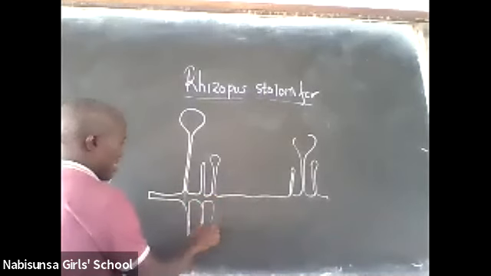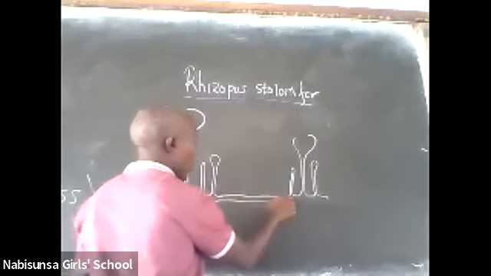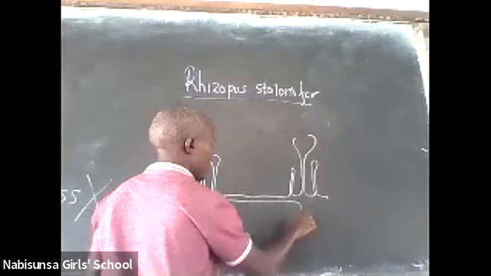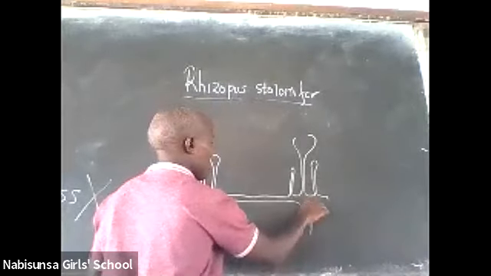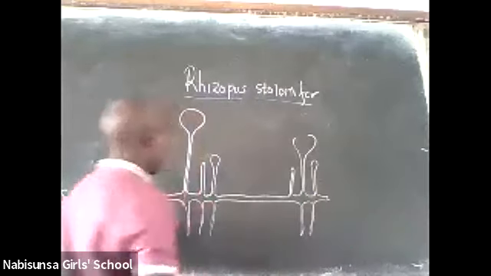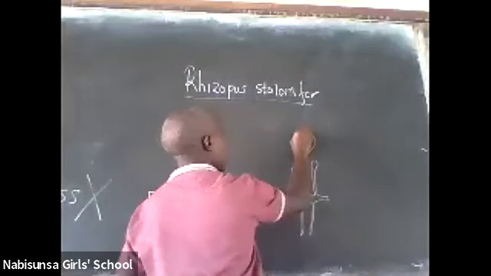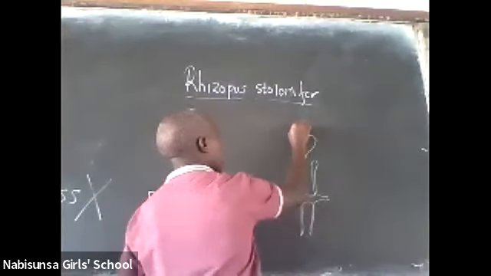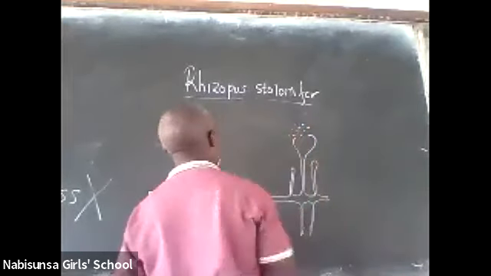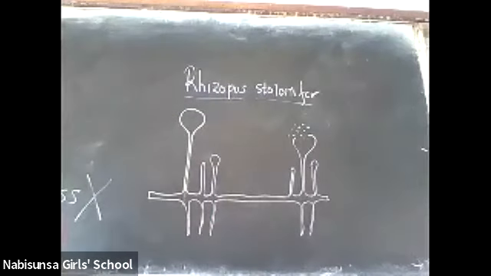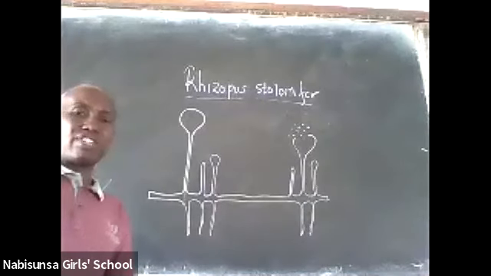So what I'm drawing here is just a sample, just a small part of those things that you're finding on your bread. So that is the simplified drawing of the bread mold, Rhizopus stolonifer.